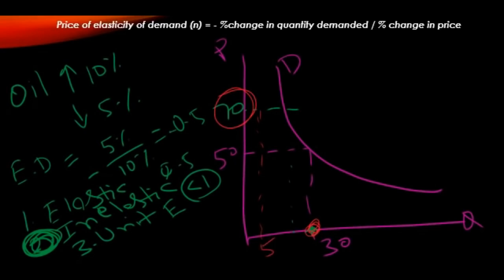Maybe the quantity is only 5. There is too much change in the demand here, because you have a lot of substitutes available in the market. So this is called elastic demand. For elastic demand, the value will always be greater than 1.